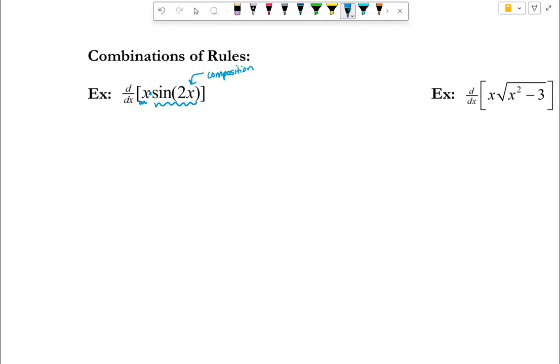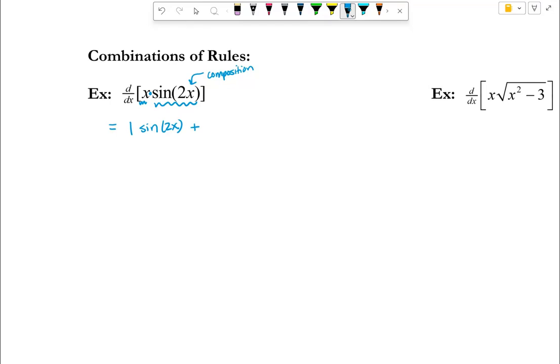All right, so if I'm going to take my derivative, I'm going to start with my product rule. My outer structure of this function is a product. And so we're going to take the derivative of the first thing, so the derivative of x, which is 1, times our second factor, and that's just the sine of 2x. Then we're going to add to that the derivative of our second factor.